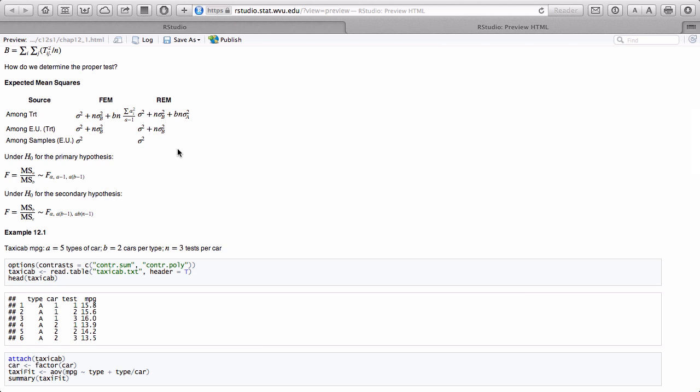If the n sub i, if the counts within cells are almost the same, you'll be close to this. But if the counts are quite different, then these tests may be very misleading, particularly when we get to section 4 today. So I just want to point out that these expected mean squares assume equal sample sizes.